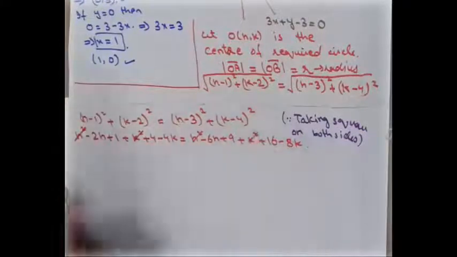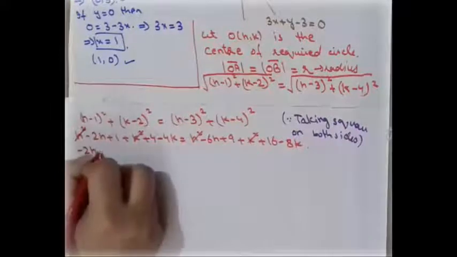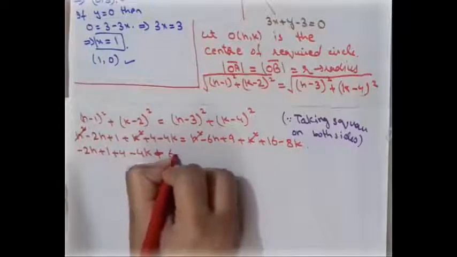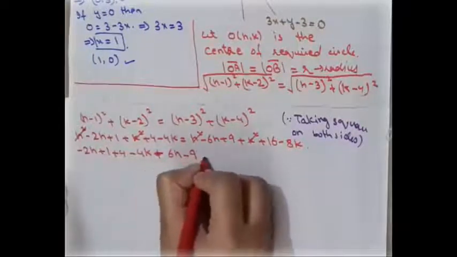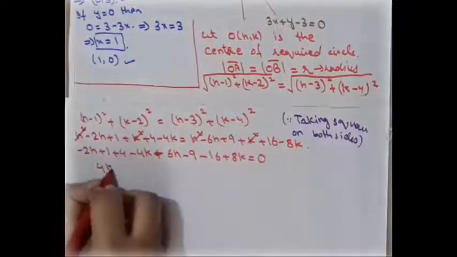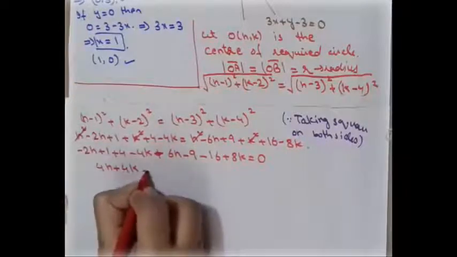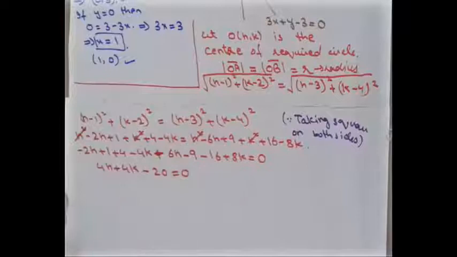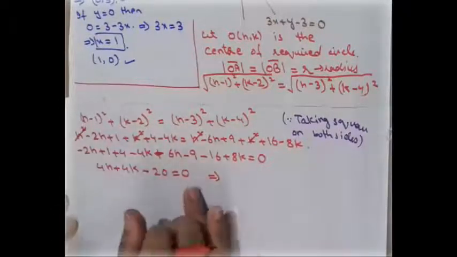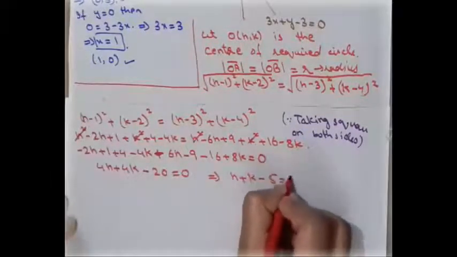The squared terms cancel out, so we take the remaining terms on one side: 2h plus 1 plus 4 minus 4k plus 6h minus 9 minus 16 plus 8k equals 0. That gives 4h plus 4k minus 20 equals 0. Dividing the whole equation by 4, we are left with h plus k minus 5 equals 0.